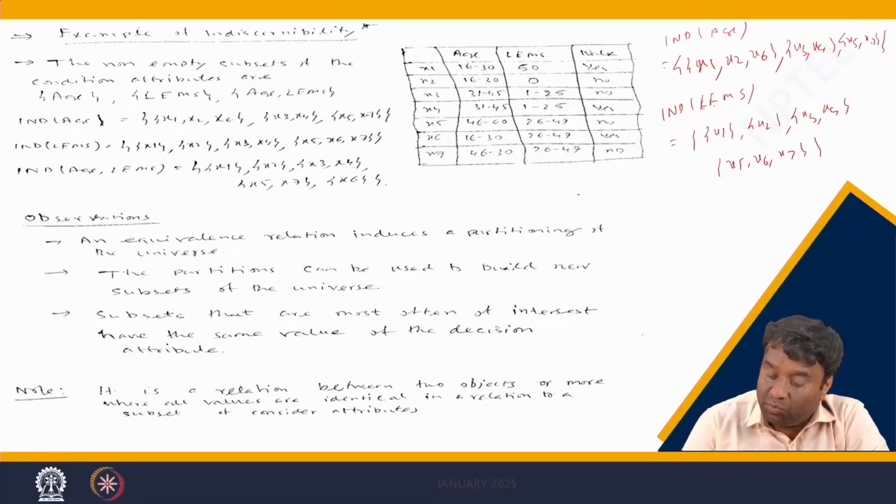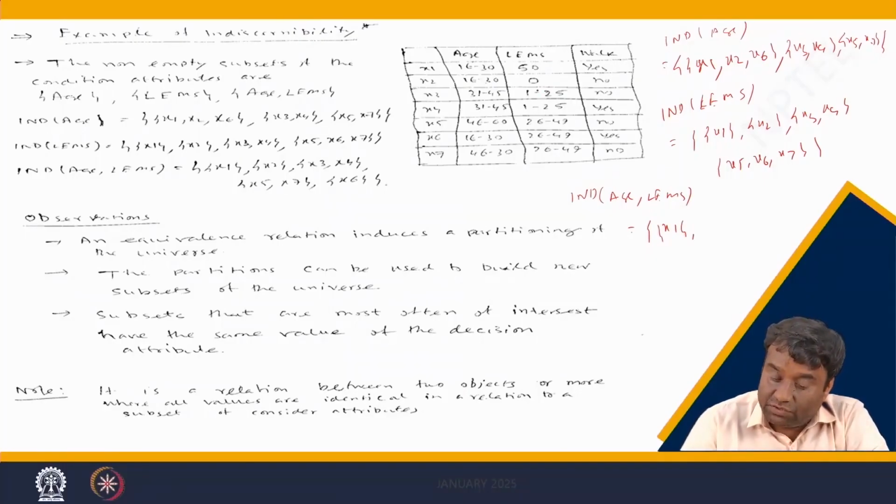Now if we try to write both the indiscernibility of age and LEMS, you will see that x1 is different, because nobody else has that combination.